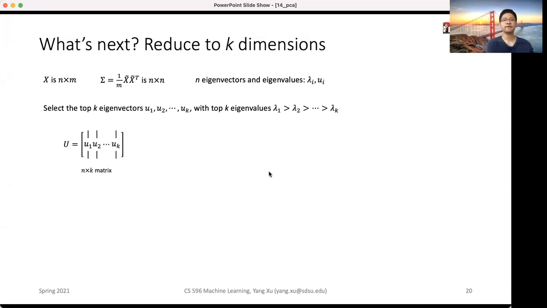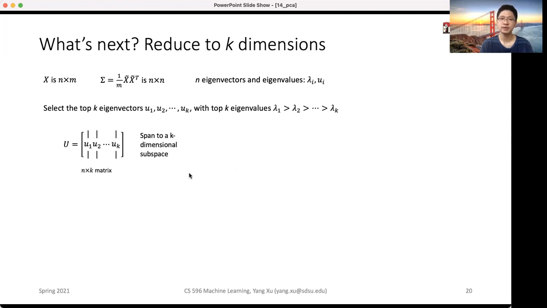Say we have these k eigenvectors selected, we can stack them into a matrix, which makes an n by k matrix. That is our matrix U, okay?